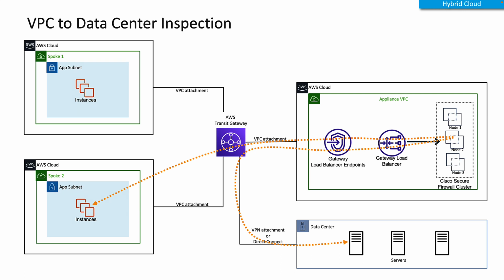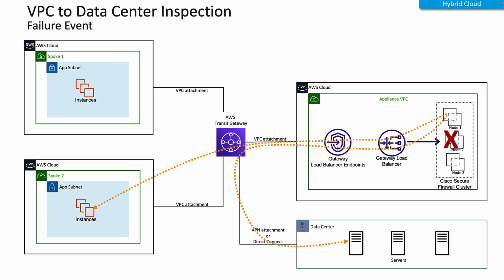In both cases, you can just control your traffic using route tables, and based on your route table, your traffic is forwarded to your gateway load balancer endpoints. The endpoints will then forward it to the gateway load balancer, and then the gateway load balancer will forward it to one of the nodes available in the cluster.